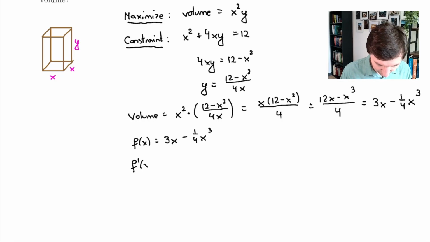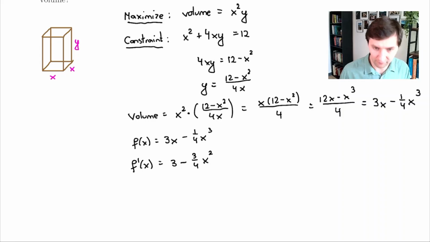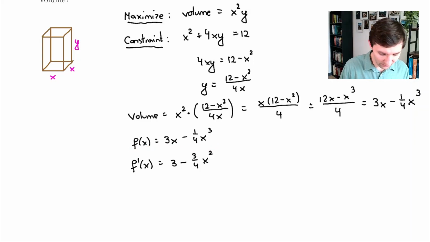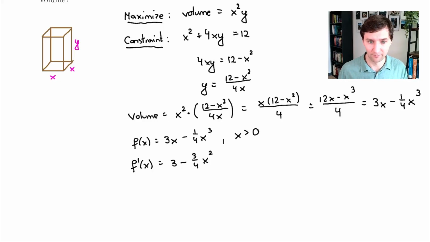I get f prime of x equals 3 minus 3/4 x squared. I should also mention that the domain of this function is x bigger than 0. I cannot use x less than 0 because remember, x is a side of the base of the box, and that side cannot be negative. So I can remind myself that by saying that x must be bigger than 0.